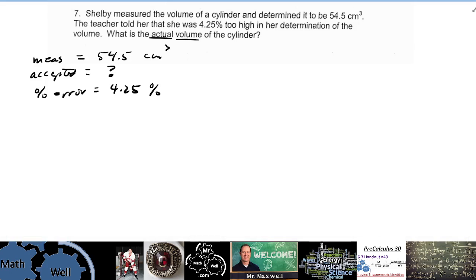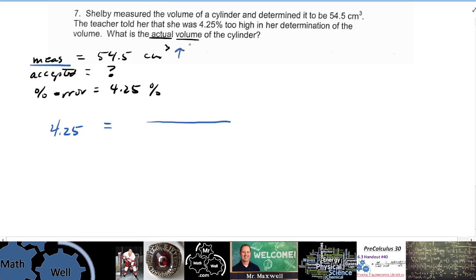I'll change colors here. So this is where maybe the positive negative comes into play. I'll tell you how I would deal with this one. I would write 4.25 here on this side where the percent error should be in our formula. Now the absolute value signs, okay, this is what I would do. You want to note that the measured is too high.